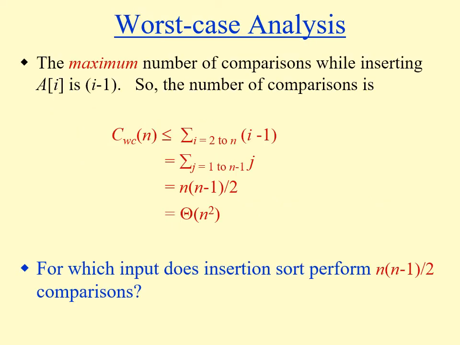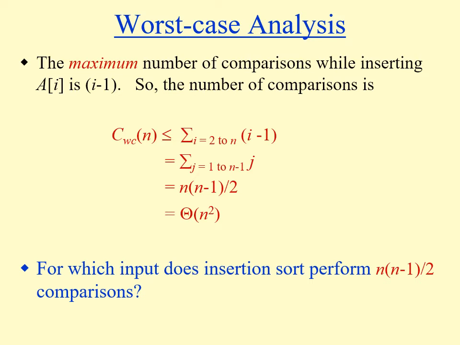Let's continue with the complexity analysis. The first one is the worst case analysis. In the worst case, all the numbers are totally unsorted. When you examine one element, you need to compare it with all the elements till the beginning of the array.